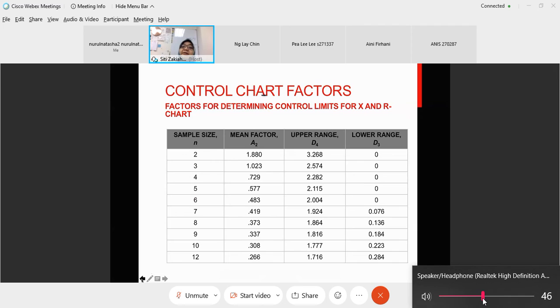This is from the table just now. This is the value of A2. How do you get 0.58? Which one do you choose? N equals to what?